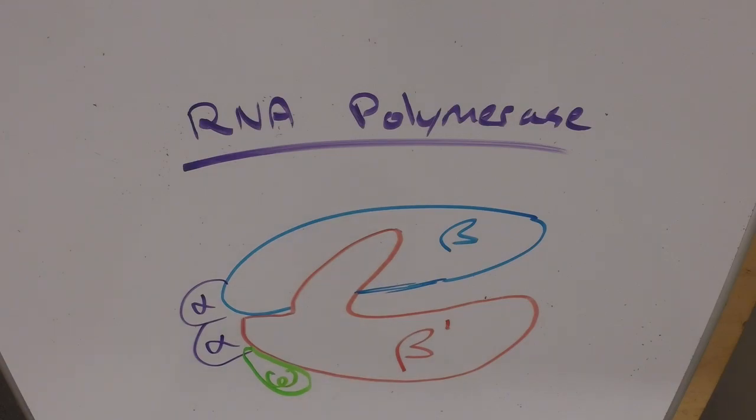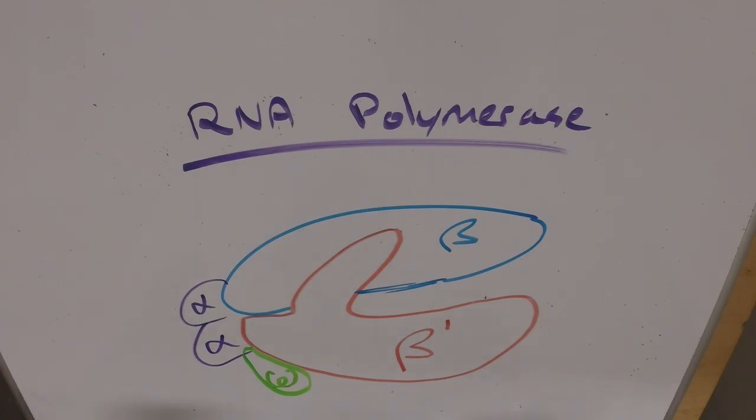Right? So this is the main makeup of the RNA polymerase. Now I mentioned that there were 6 subunits, and the 6th one is a sigma subunit, and it seems to be the most important one.